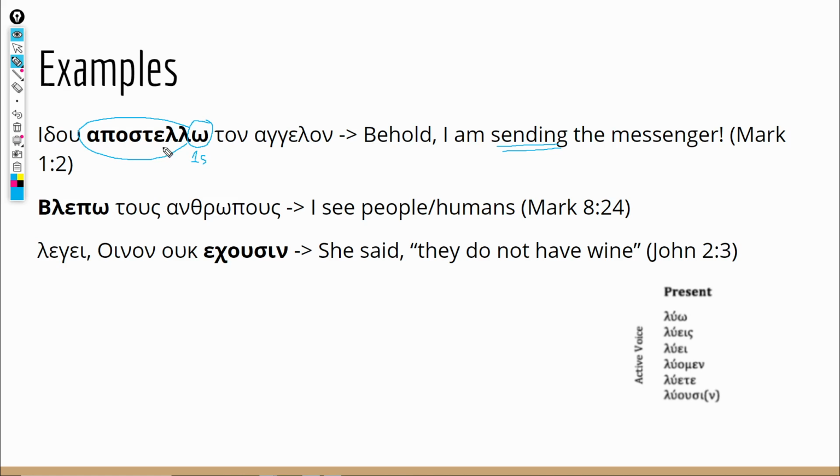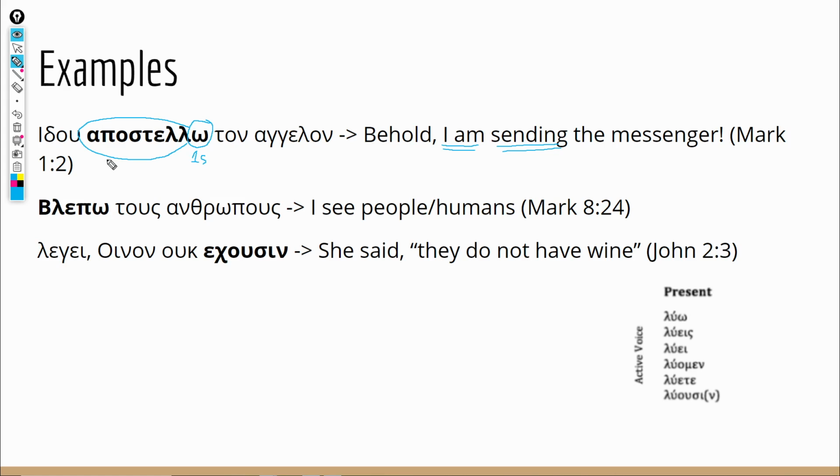And apostel simply means like to send. You probably recognize the word apostle out of that. The word apostle in Koine Greek is apostolos. So to make that a verb, you would say apostelo, first person singular. So if you remember, first person singular translates to I am.